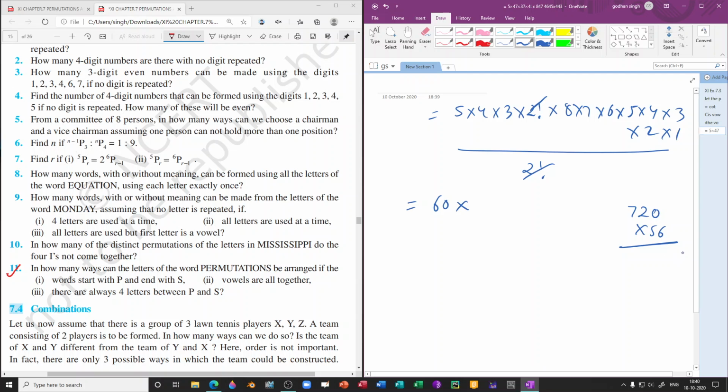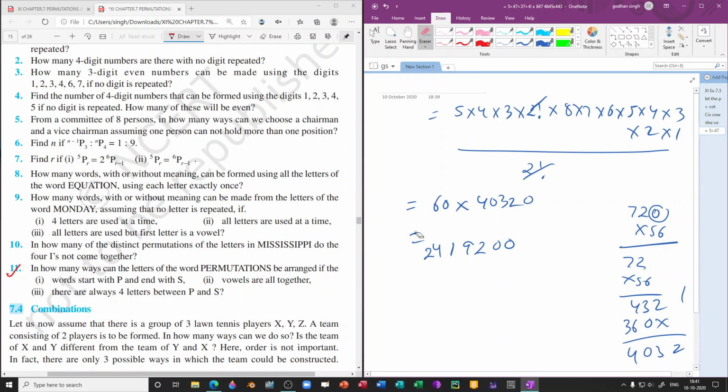Multiplying 72 and 56 gives 4032, and with the 0 we get 40320. Then 6 into 2 is 12, 6 into 3 is 18, 6 into 4 is 24.